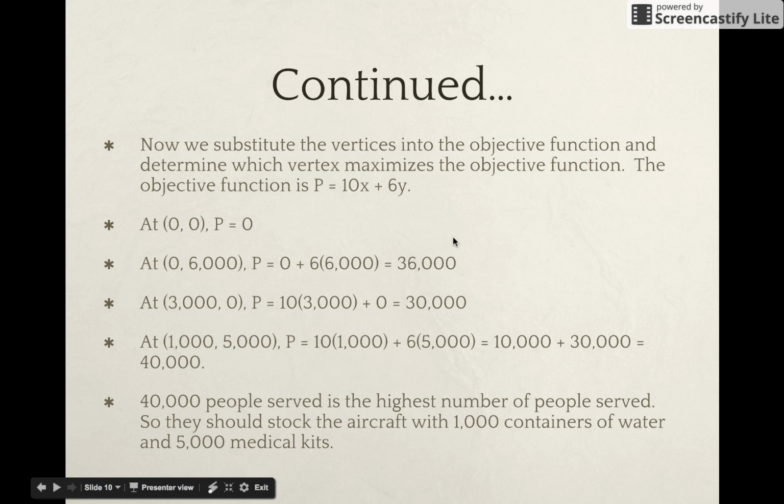From these calculations, we see that 40,000 is the highest. That tells us that we can serve 40,000 people at most. That's our maximum, and that will happen if we stock the aircraft with 1,000 containers of water and 5,000 medical kits.